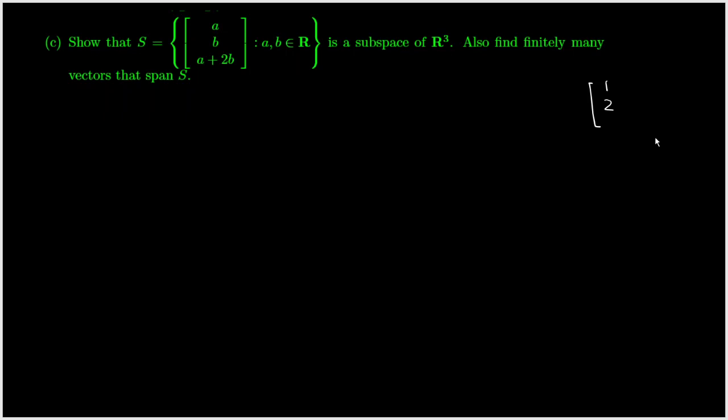I'm going to make a vector in S. The third component is determined by the first two components. It's a plus 2b. Now a value is 1, b value is 2. A plus 2b, I think it's 5, right? It's 5. So that's a vector in S, right?